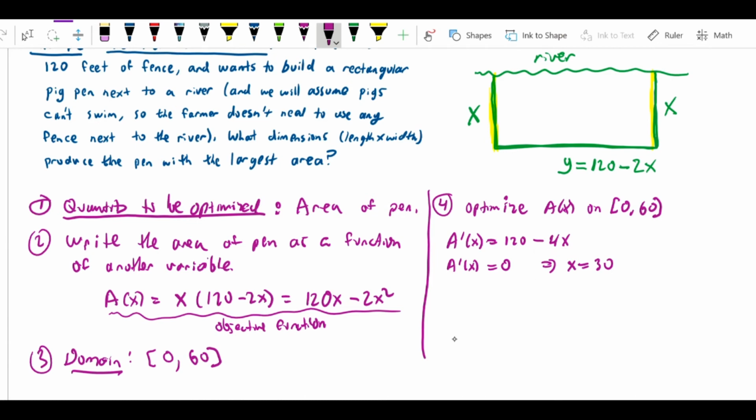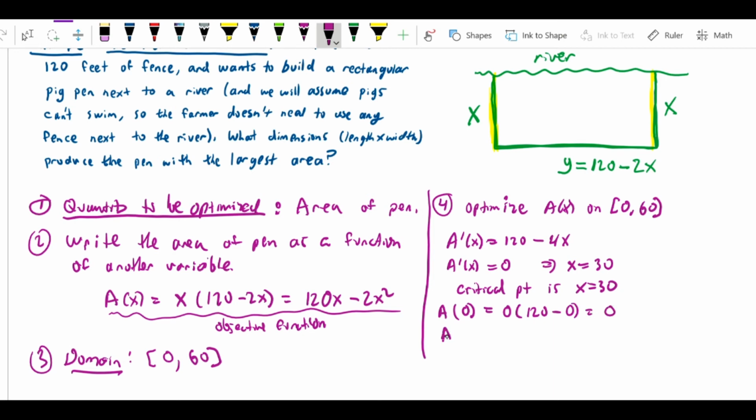Clearly there's no place where A prime of x is undefined, so we can say that the critical point is x equals 30. So now I'm going to evaluate A at the two endpoints of the domain and at the critical point. A of 0 is going to equal 0 times 120 minus 2 times 0, which is 0.